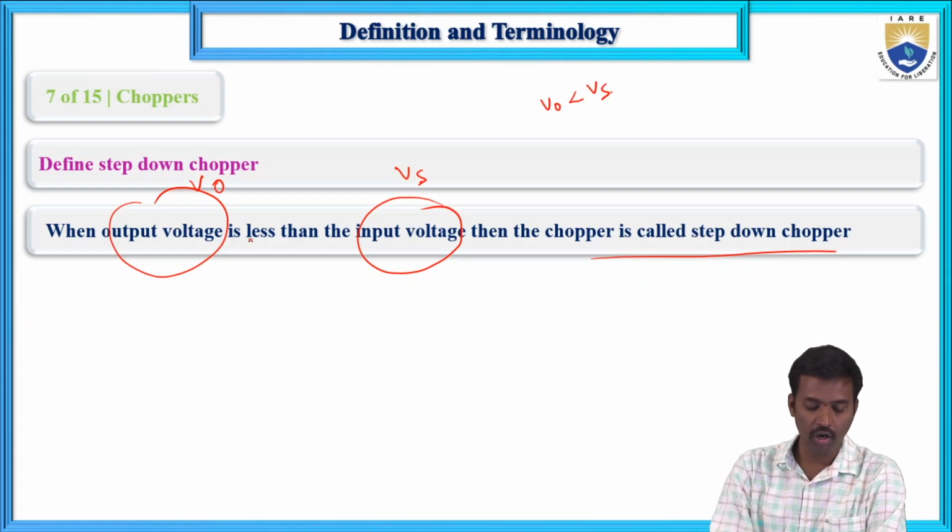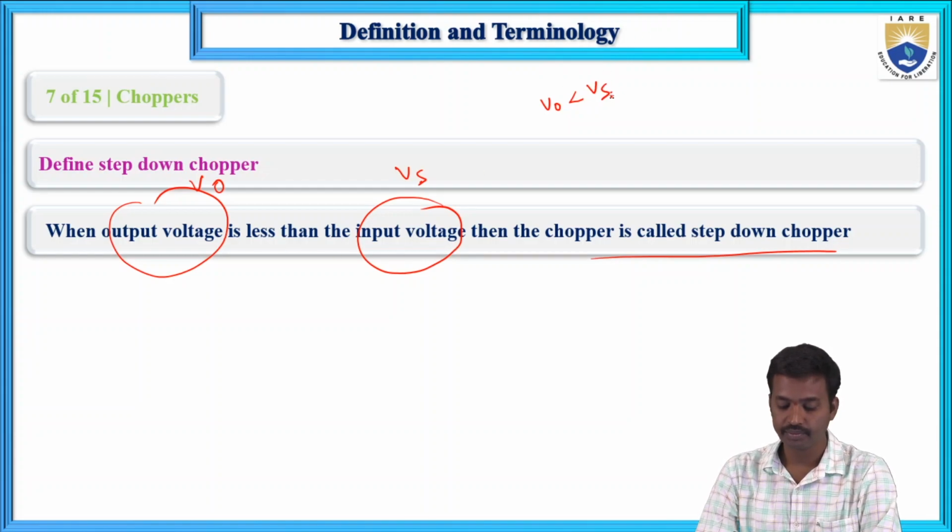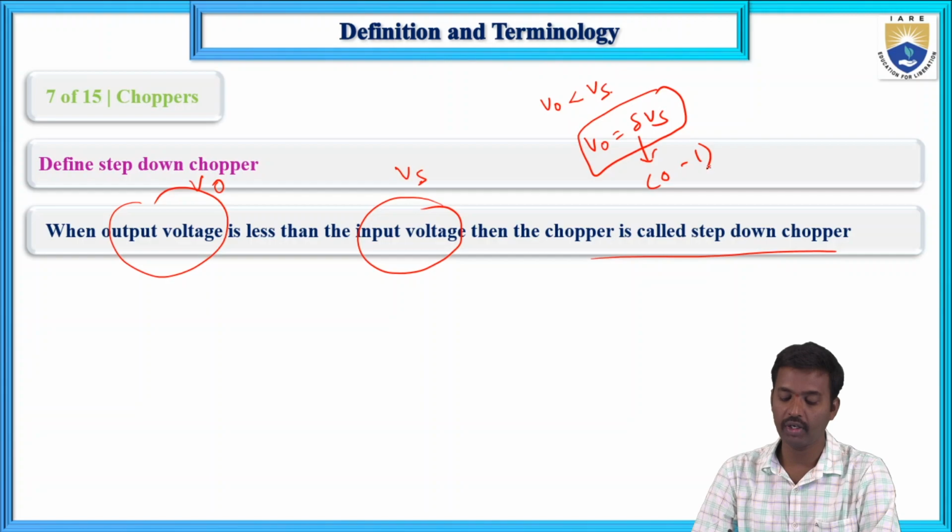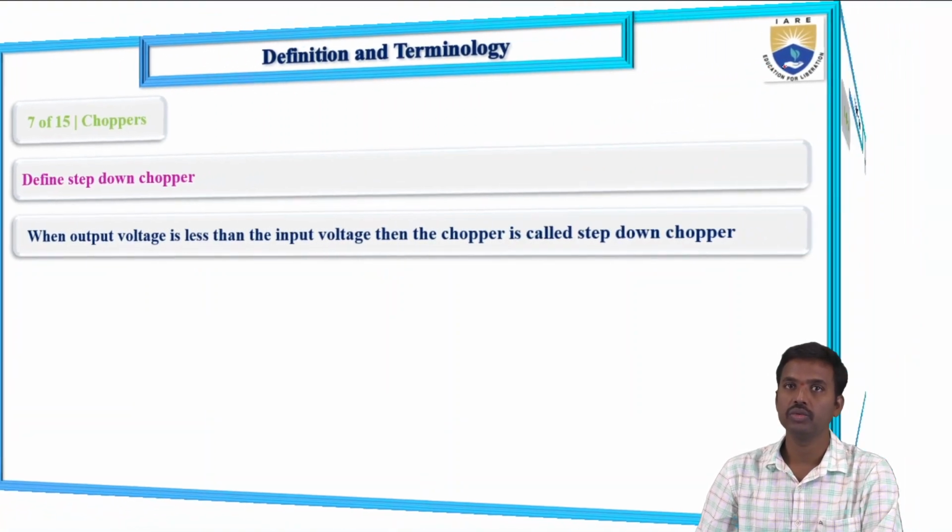V naught equals delta into Vs for this case, and delta changes from 0 to 1, where delta equals T on divided by T. This is the formula.